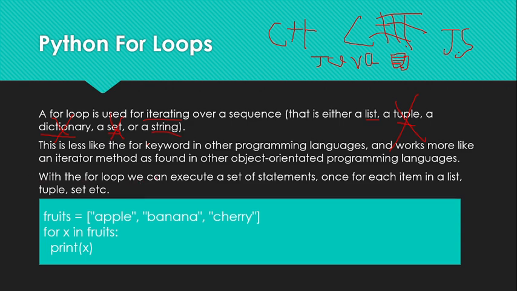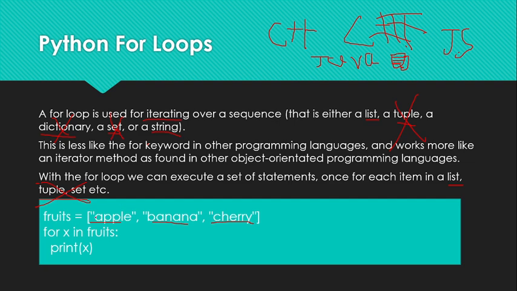With the for loop, we can execute statements, one for each item in a list, tuple, set, etc. I said ignore, but these. So here's a list. Fruits is equal to apple, banana, cherry.